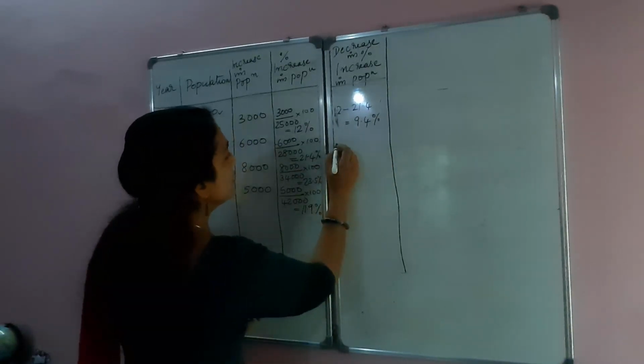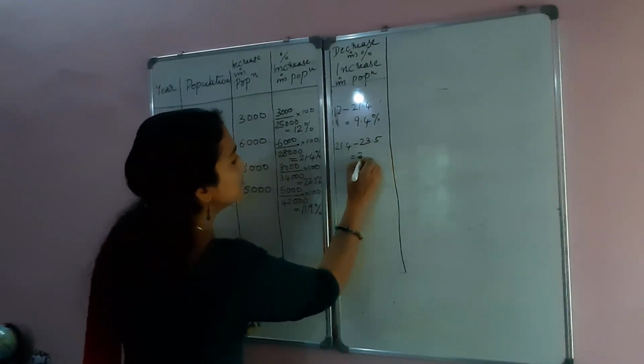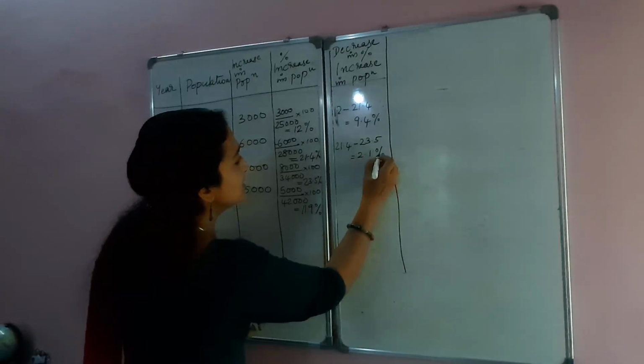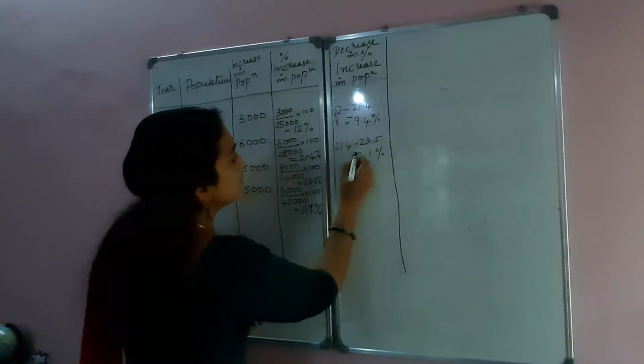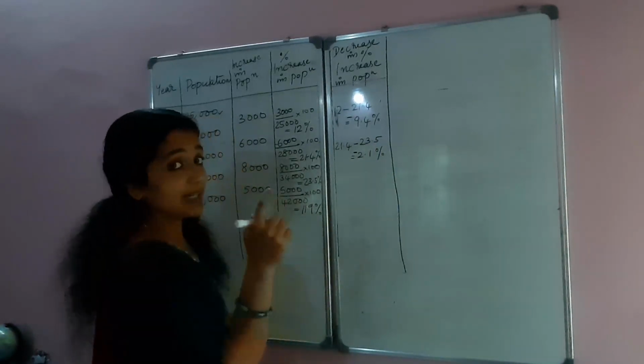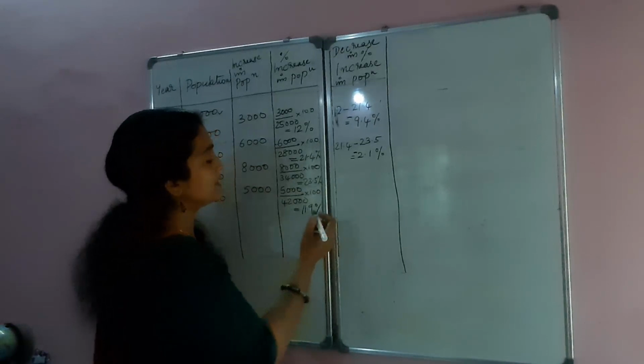Then 21.4 minus 23.5, that is 2.1%. This is a negative value. This is also a negative percentage, that is the decrease in rate of increase in population.